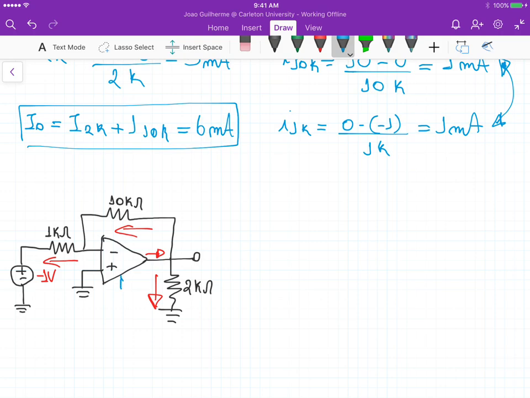It usually has a minus VDD and a plus VDD. So in this case, this 6 milliamps is coming from this VDD here, from the voltage source that we use to power the op amp. That is not drawn in the first circuit, but we have it connected to a real op amp.